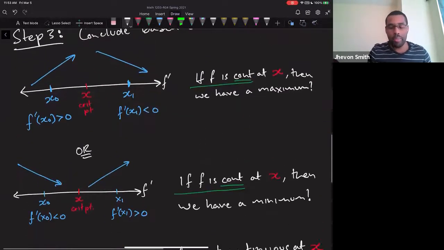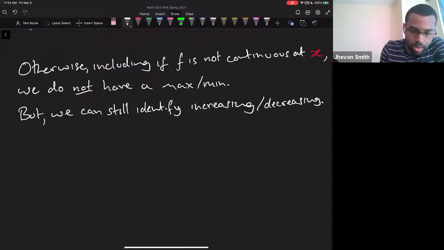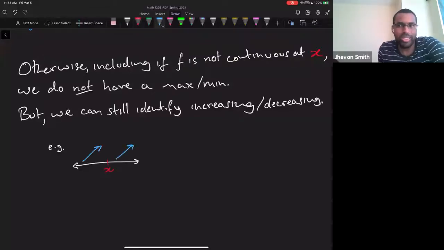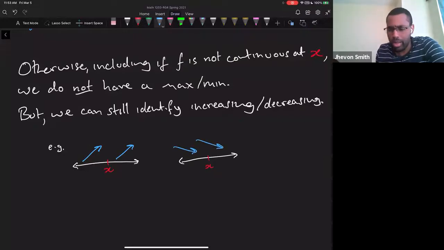So maybe I can talk about some examples. Let's say you have your X right here and you have increasing and increasing, then it's neither a max or a min, it's nothing, right? Or if you have this here and you're decreasing and decreasing, then it's neither a max or a min.